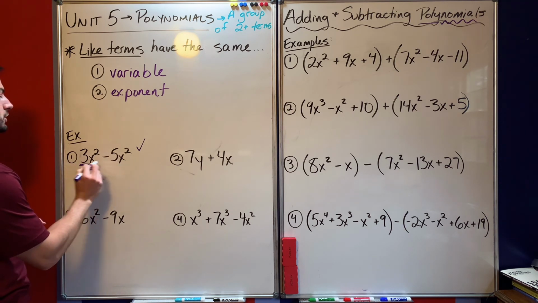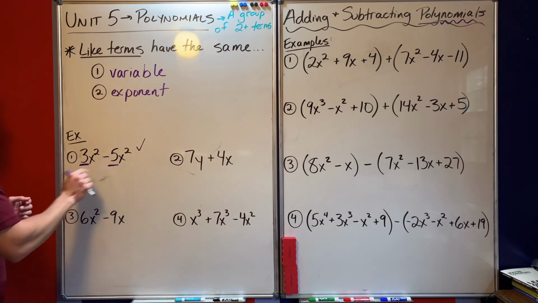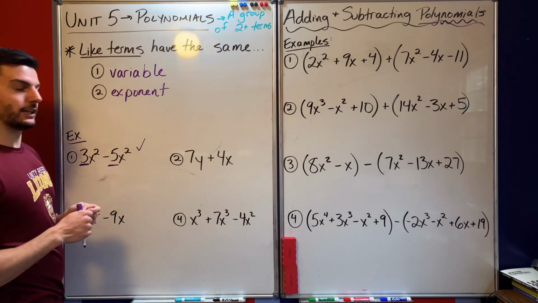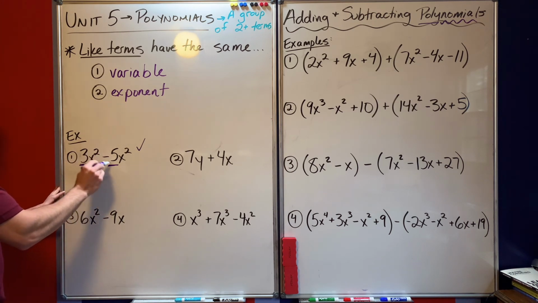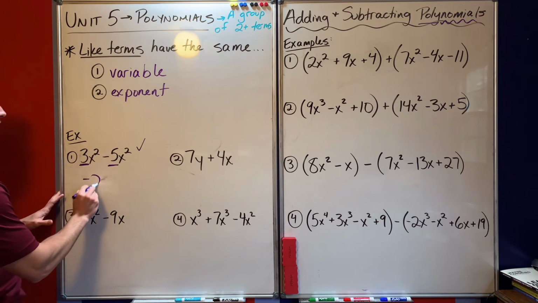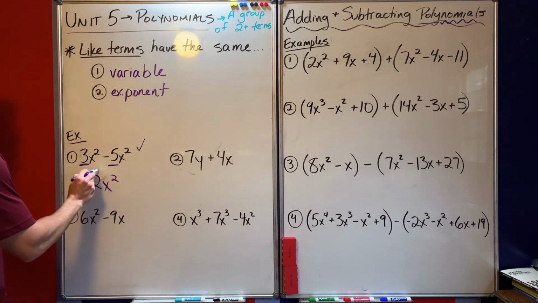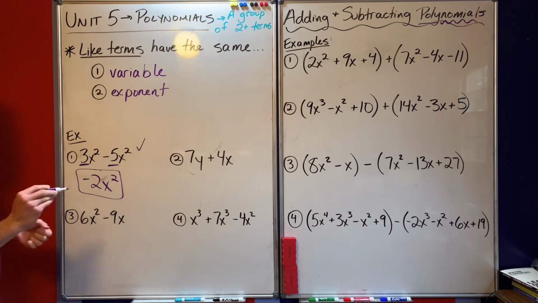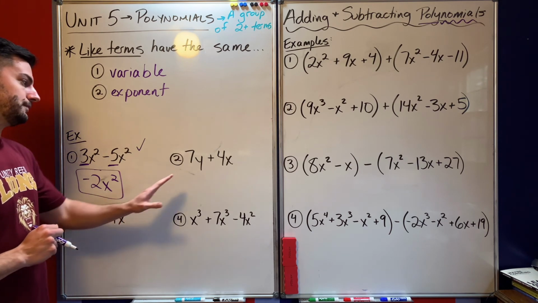I just subtract the two coefficients, that's what the number out in front is called. So 3x squared minus 5x squared gives me negative 2x squared. The variable part doesn't change, just the number out in front changes.